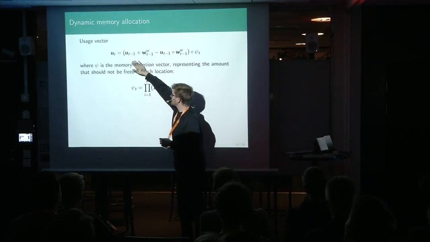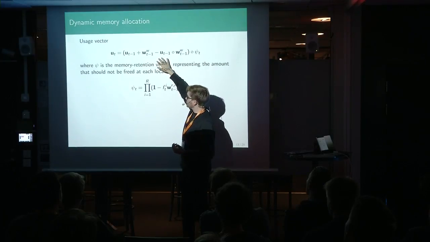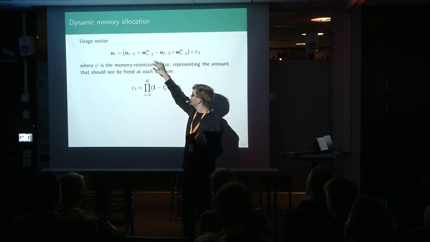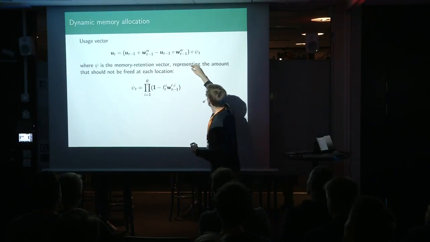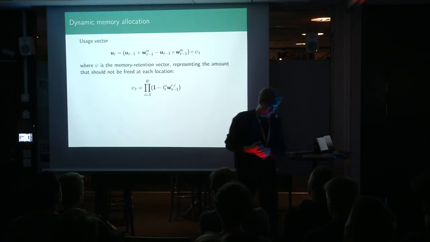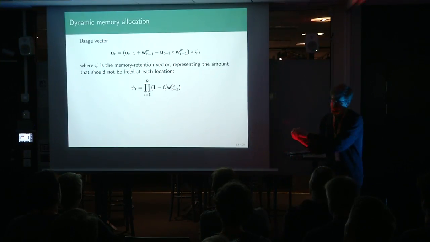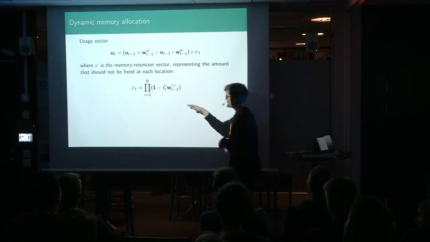So you take what was important before, then you add what you wrote in the previous iteration. This is the addition rule for probabilities. And you multiply it by some retention vector that encodes what you read in the previous iteration. So it's defined as this.